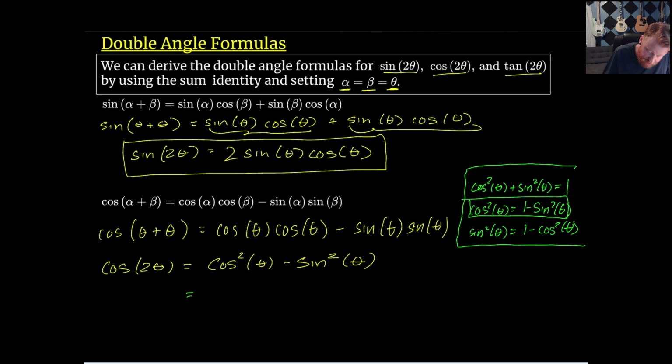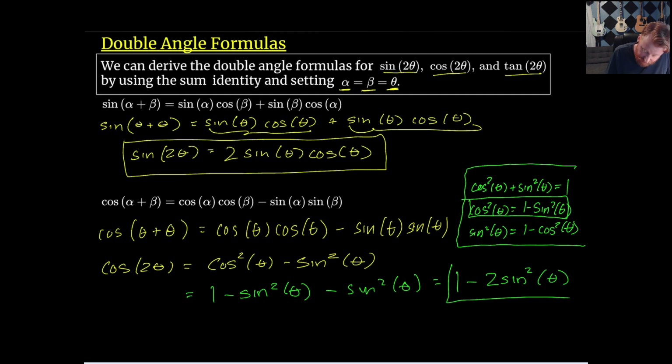I will get 1 minus sine squared theta minus sine squared theta, which is going to give us 1 minus 2 sine squared theta. So here is another version of our double angle formula.